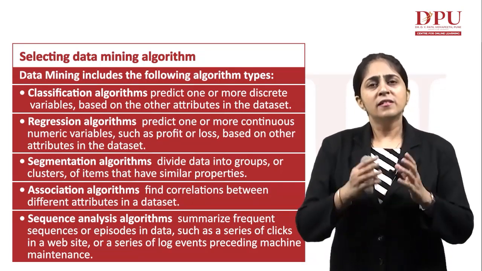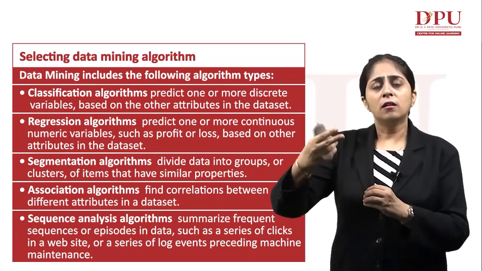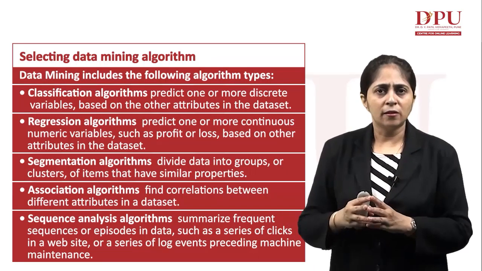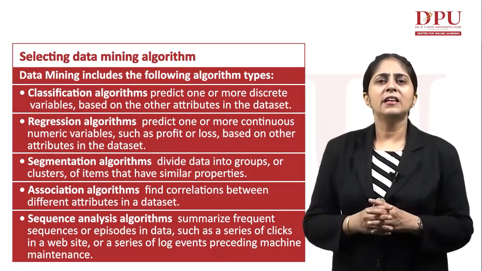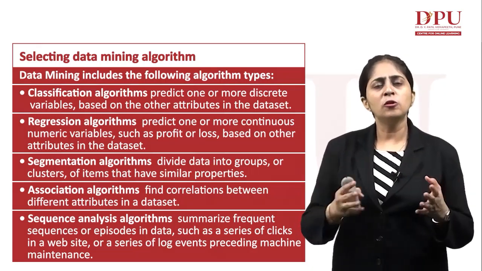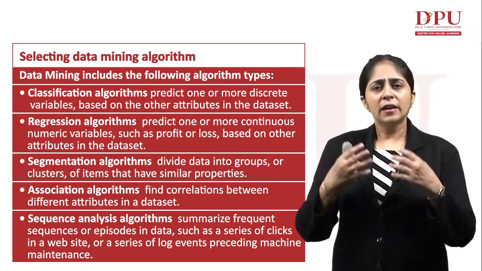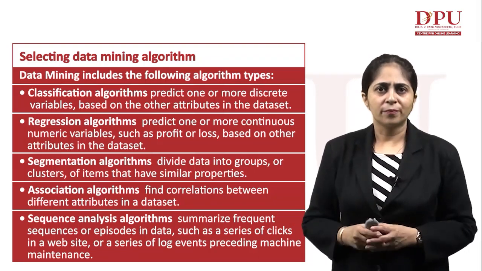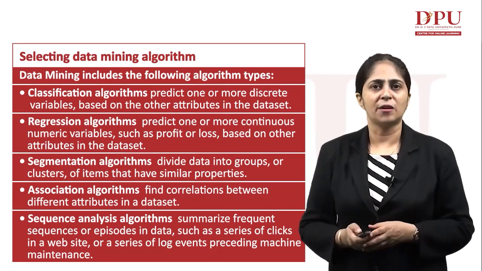Similarly, if we obtain the result of one, depending on that we can obtain the result for the next variable. So that becomes easier for us. That is why in data mining it is very important to use algorithms, because they help us a lot in making our task of data mining easier.